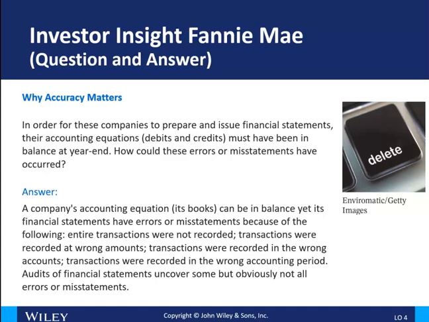So all of those will still have the accounting equation in balance. Debits will still equal credits, but the financial statements will be wrong. Audits of financial statements uncover some, but obviously not all, errors or omissions.